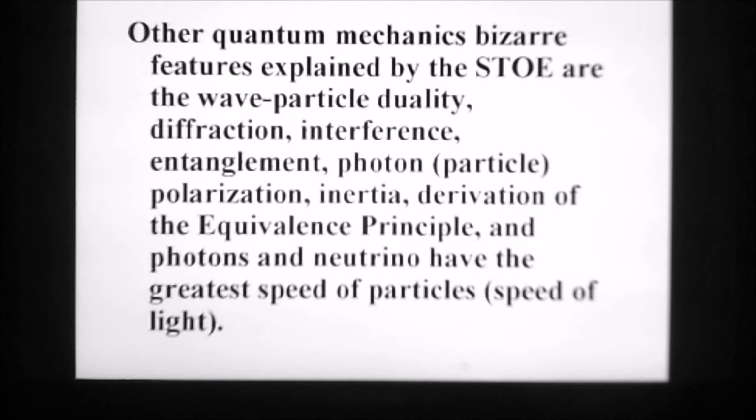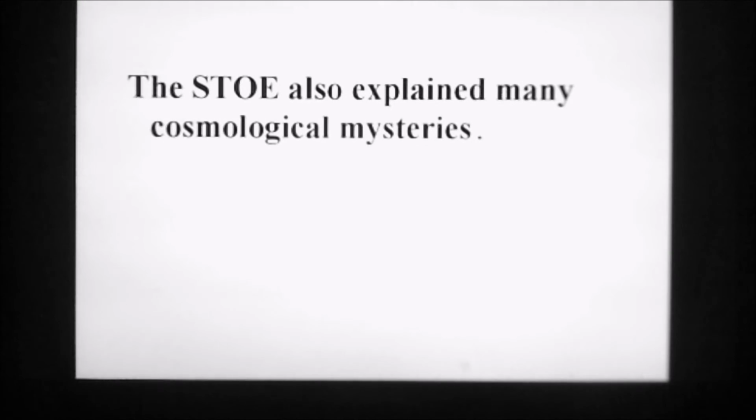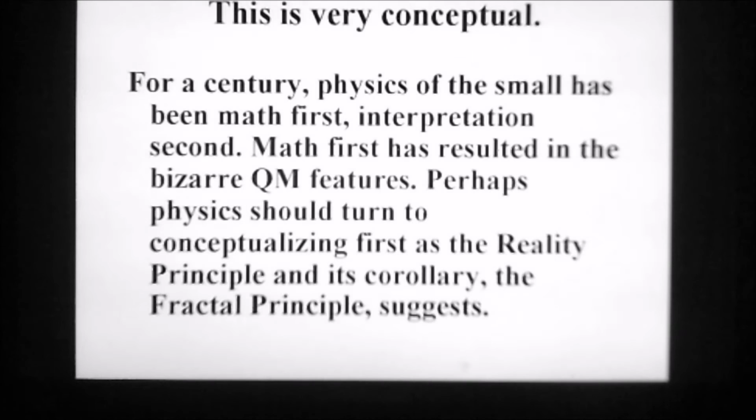Other quantum mechanics bizarre features explained by the STOE are wave-particle duality, that is to say, it is not wave-particle duality, diffraction and interference, entanglement, the photon is a particle, polarization, inertia, derivation of the equivalence principle, and photons and neutrinos have the greatest speed of particles because they present the minimum surface area, no surface area, to the direction of motion. STOE also explained many cosmological mysteries in these videos.